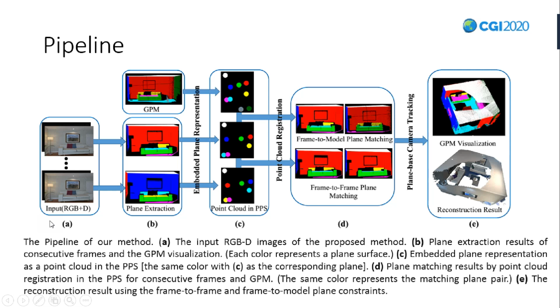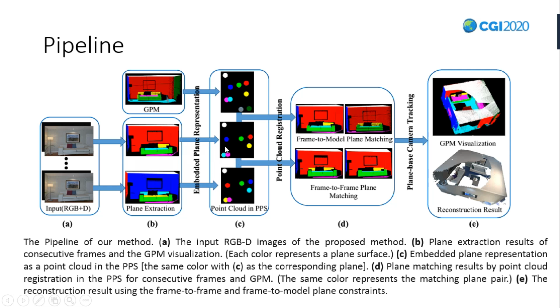This is the pipeline of the proposed method. When we obtain a new RGB-D frame, we extract planes in this frame. Then we project all the planes into the plane parameter space to generate the corresponding point cloud. Then we register the point cloud with the point cloud corresponding to the previous RGB-D frame and construct the plane correspondences between consecutive frames.